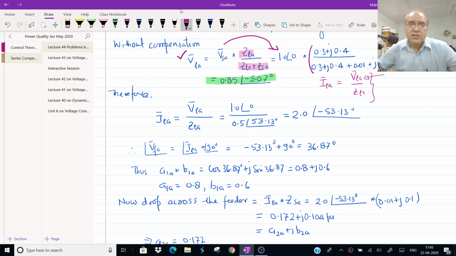We will say the new value of, therefore, BLA is 1.0 per unit. This is the new requirement. This is the requirement of the DVR.